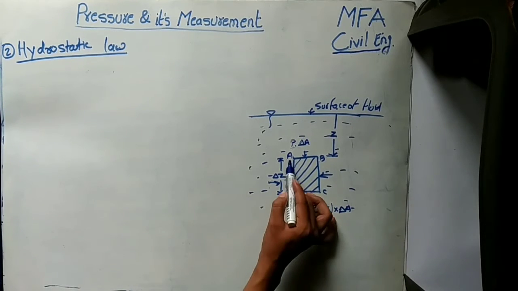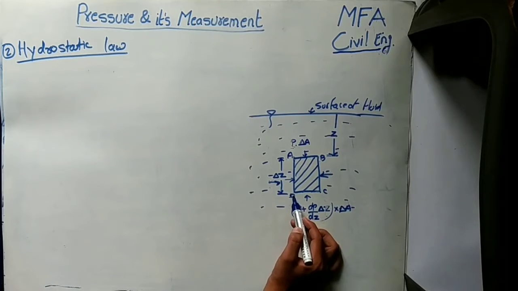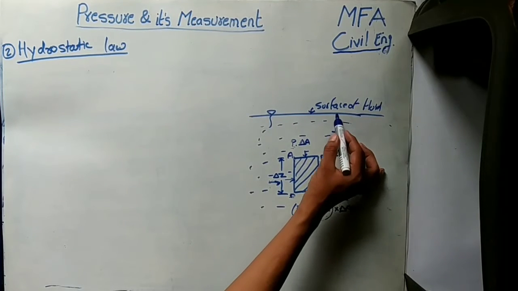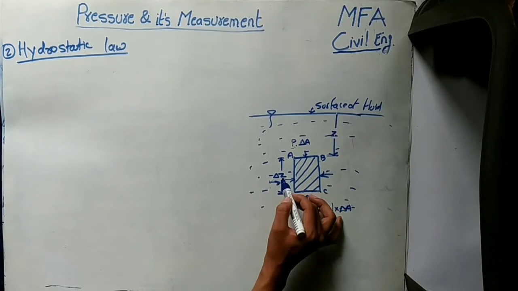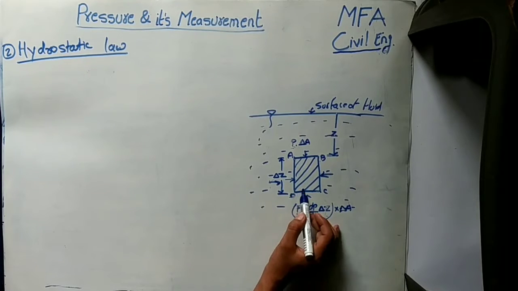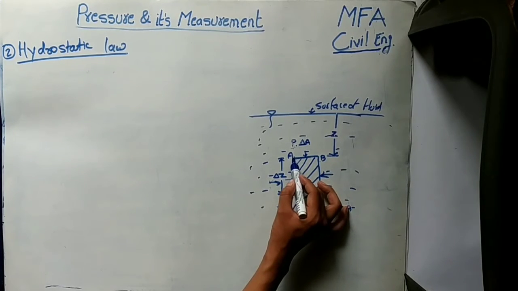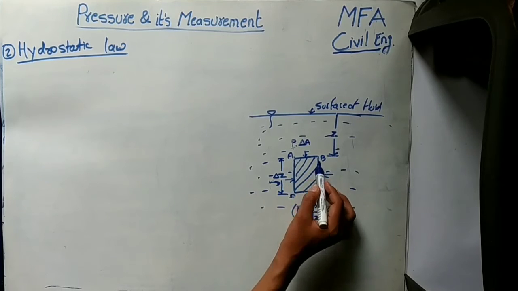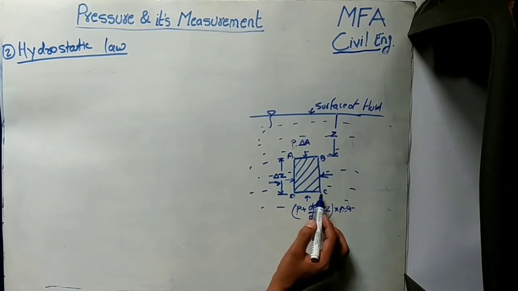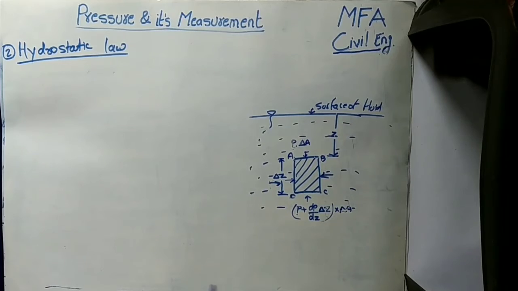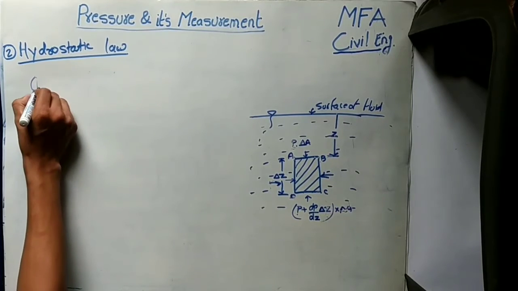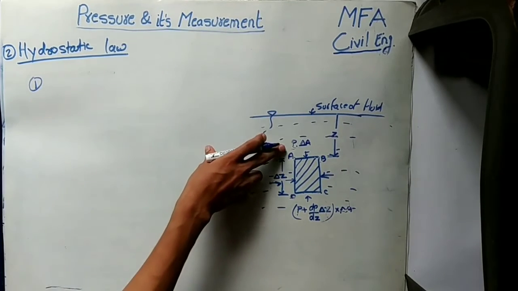Consider a fluid element ABCD as shown in the figure. At height Z from the surface of the fluid, let delta Z be the height of the fluid element and delta A the area of the fluid at point AB, and AB is equal to DC. Now there are various forces acting on the fluid element. First is the pressure force.